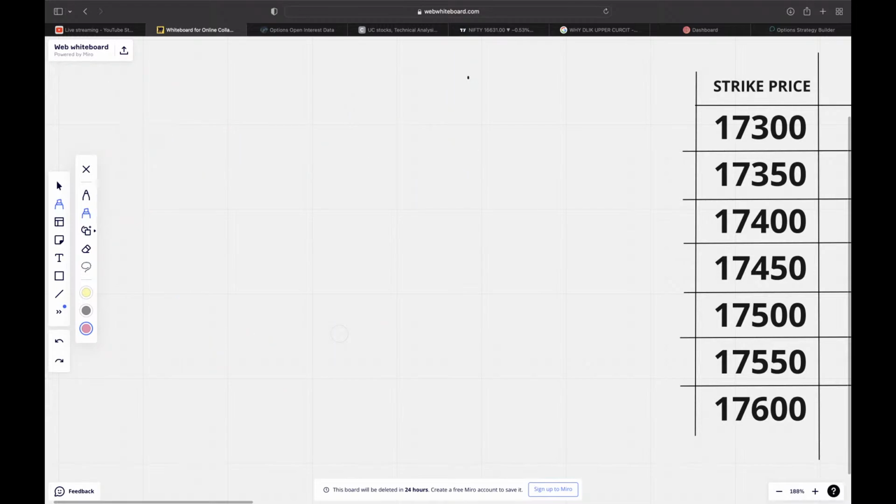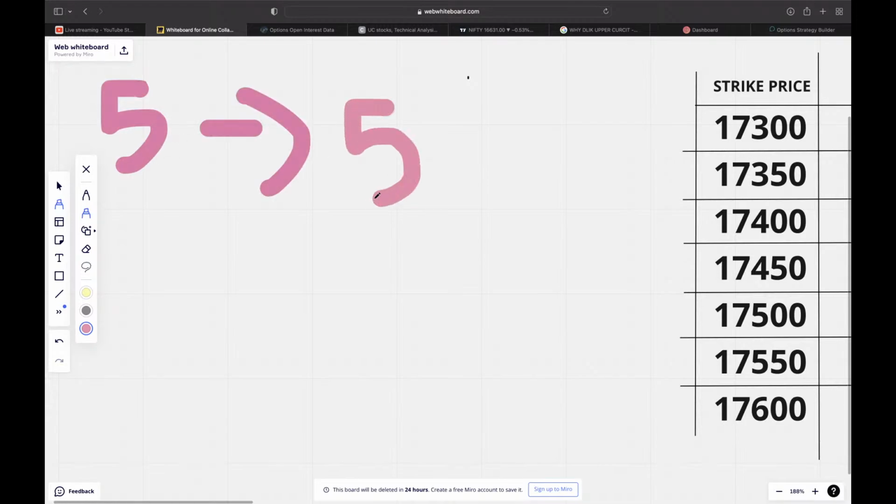Every day you make 1 to 2,000 profit with a capital of 5,000 rupees only, and you make 5,000 into 50,000 every month. Is it possible? Tell me yes or no. No, it is not possible.